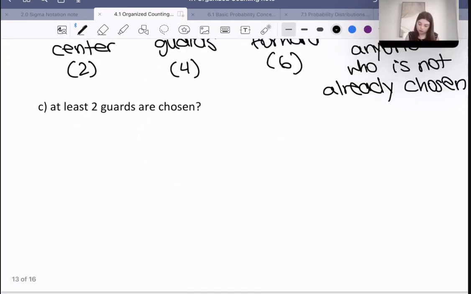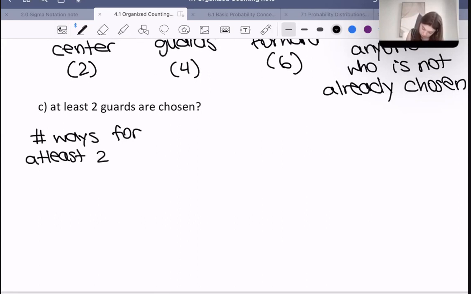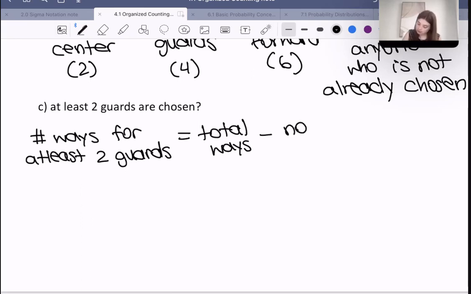The total number of ways for at least 2 guards to be chosen is equal to the total number of ways to choose anything, so the total general ways, minus the number of ways for no guards, minus the number of ways for exactly 1 guard, right?